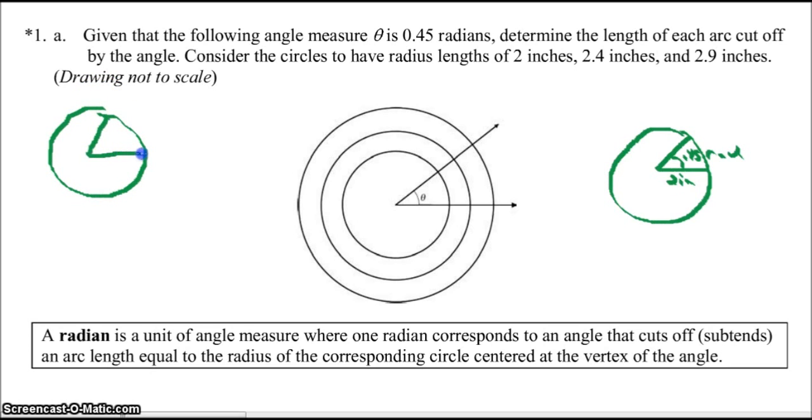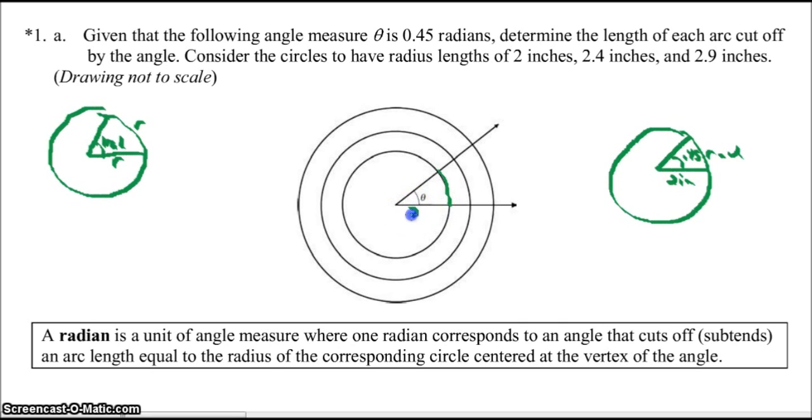So if we had a circle and we had 1 radian as our angle measure, then that would mean that whatever radius we had here, the same radius would be here. So the way I look at this arc, let's look at this one here.